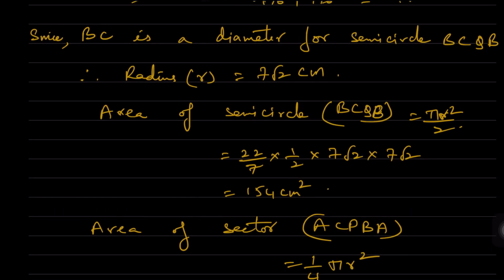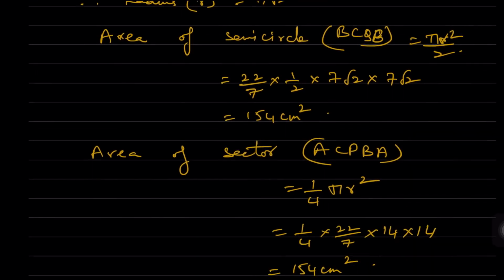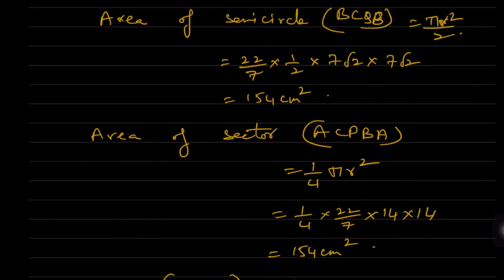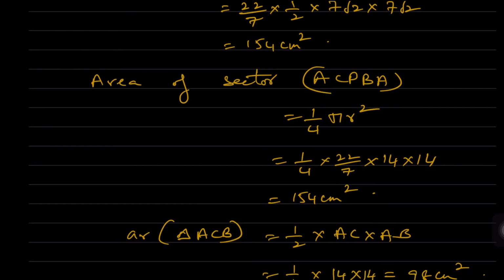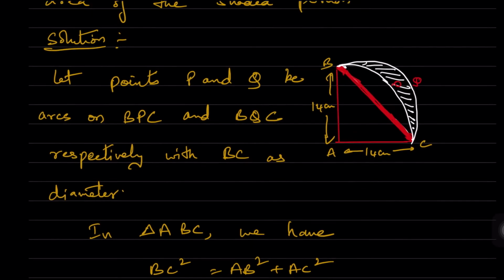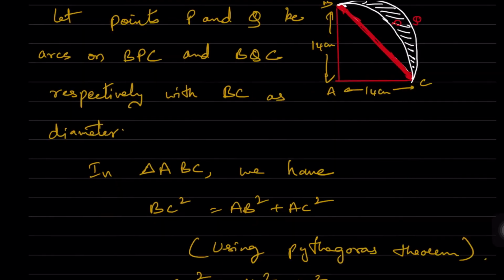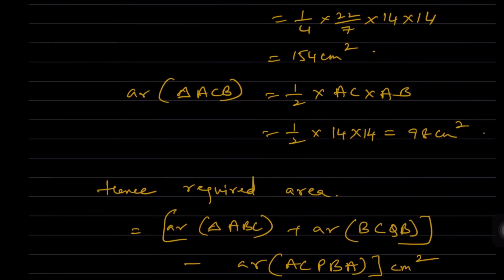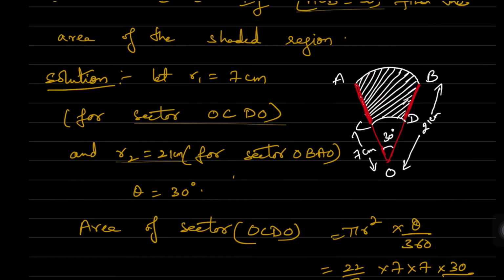Now we'll find out the area of this sector. The area of the sector is equal to 1 by 4 pi r square, which is equal to 1 by 4 into 22 by 7 into 14 into 14, which is equal to 154 centimeter square.